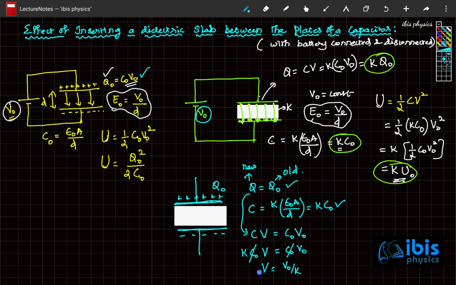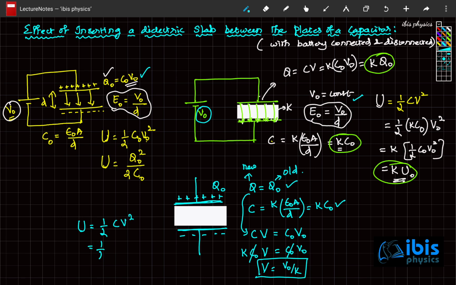So it's very important to remember: if you don't disconnect the battery, V is constant. Once disconnected, V becomes V naught by K. Then what about energy stored? Energy stored in the capacitor is half C V square.